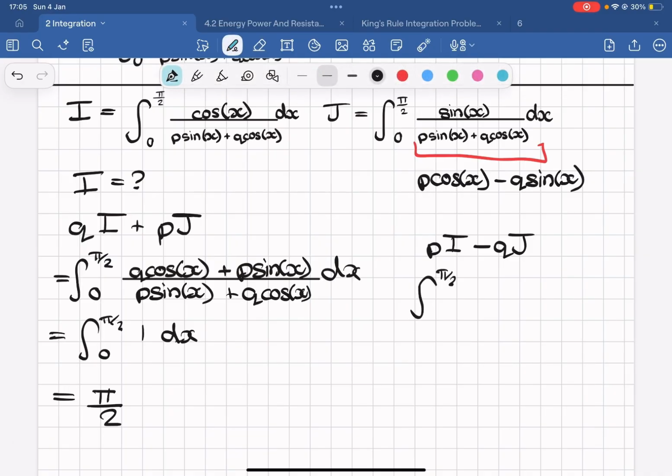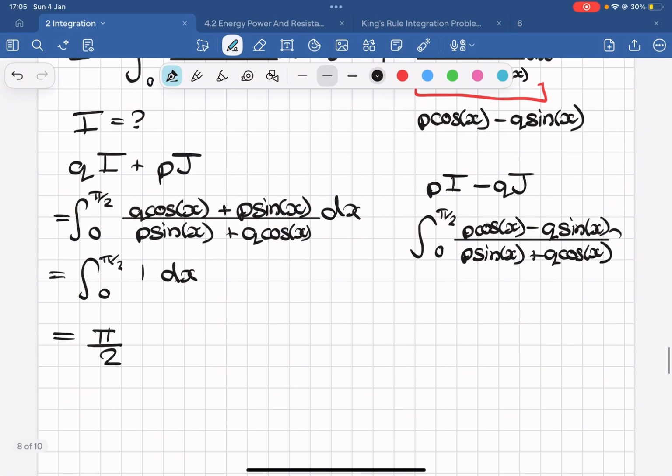From 0 to pi over 2, we've got p cos x minus q sin x all over p sin x plus q cos x with respect to x.